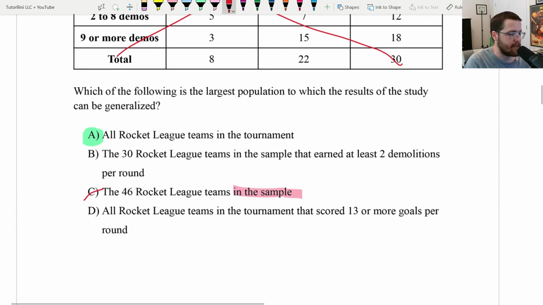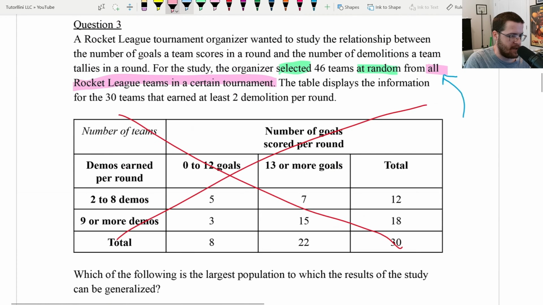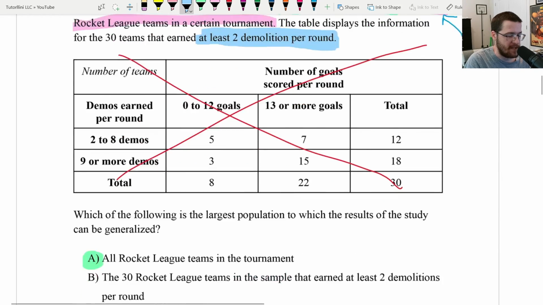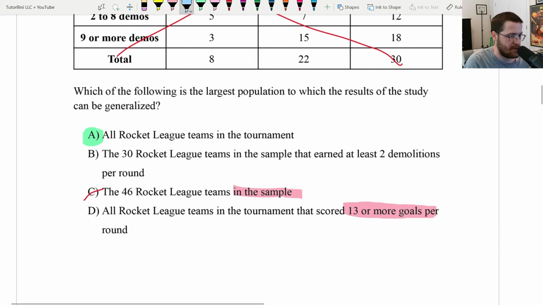It says all Rocket League teams in the tournament that scored 13 or more goals per round. Okay, so they weren't even filtered that way. I believe it was filtered based on at least 2 demolitions, which I would maybe think about being right. It still wouldn't be right, but at least that would make more sense. So this part sounds good, but this part down here is definitely wrong.